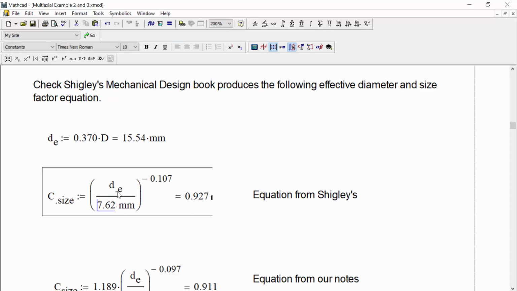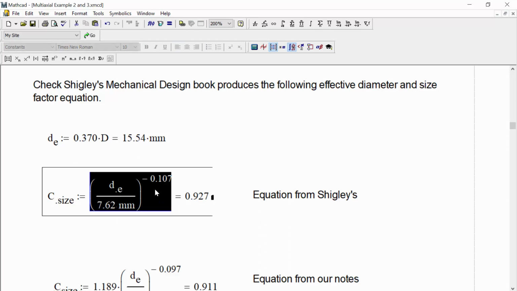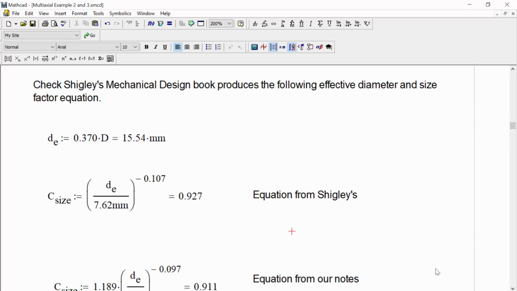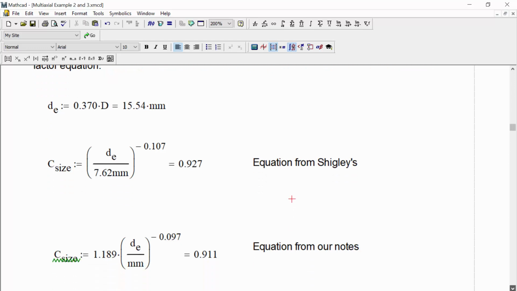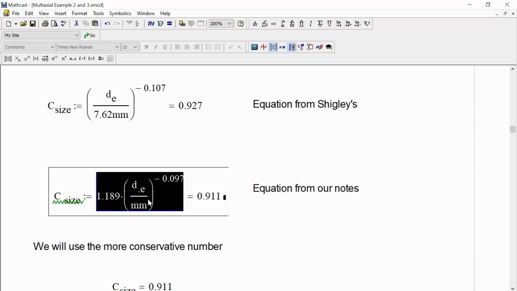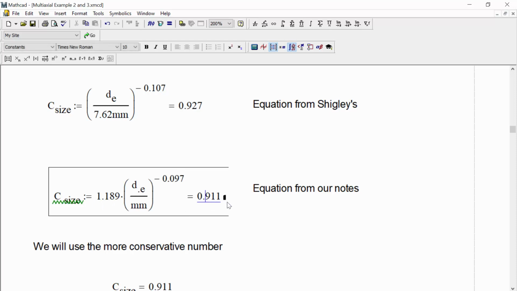And so we pull the size function from Shigley's, and we find that the C size factor is 0.927 using the Shigley's equation. But we also have another equation from our notes in the class, from our actual lecture notes, that is slightly different. It has a slightly different structure. And with that one, we find a size of 0.911.